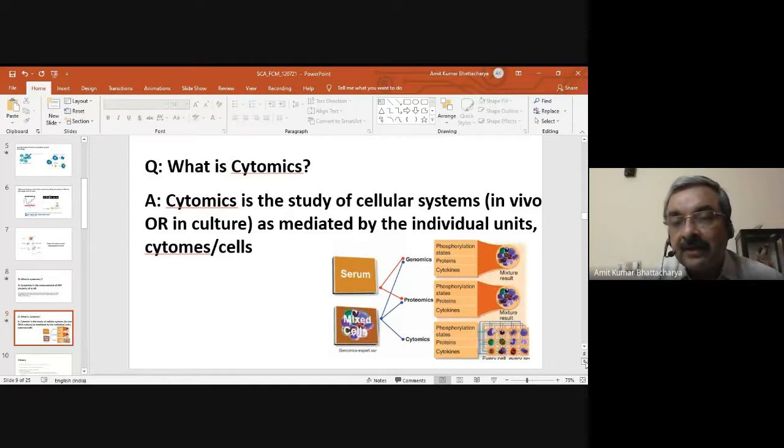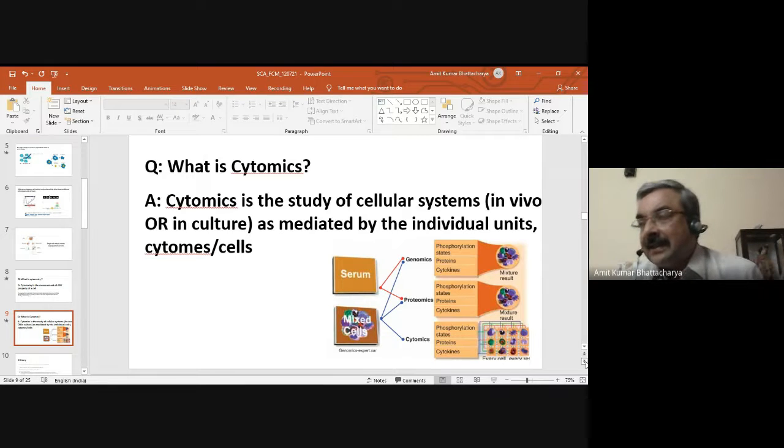And that's why the omics. So is the case with proteomics. When you say proteomics, you're looking at all the proteins, and that's why the omics. So cytomics is basically to look at all the cells in a particular system, in a particular tissue, organ.